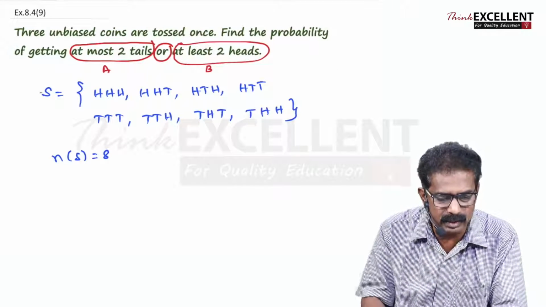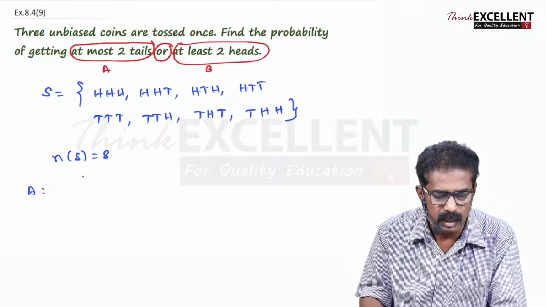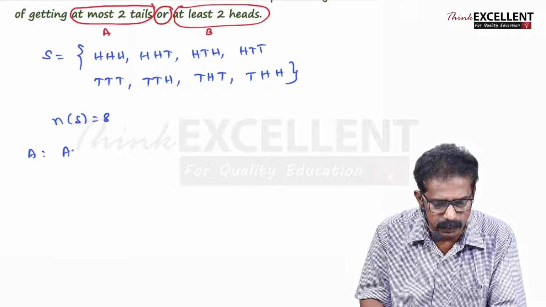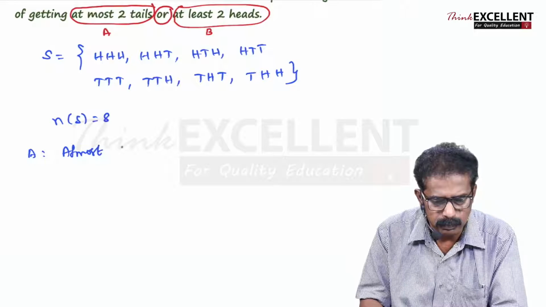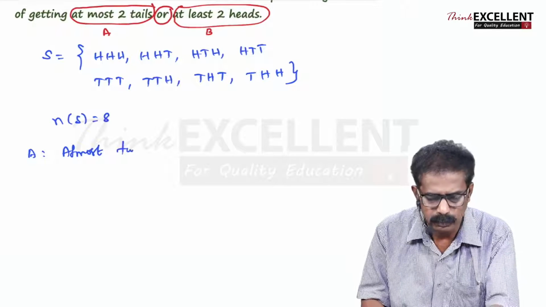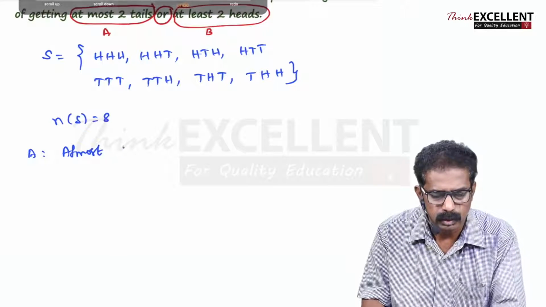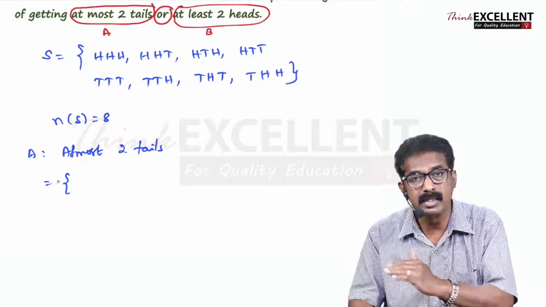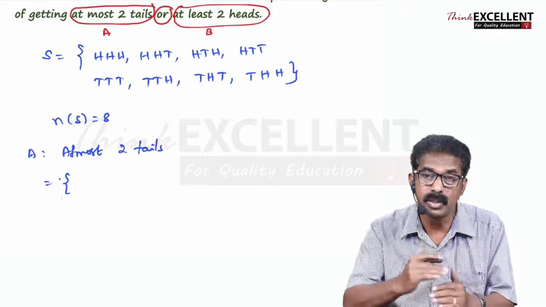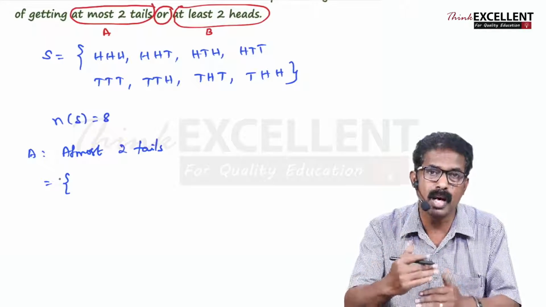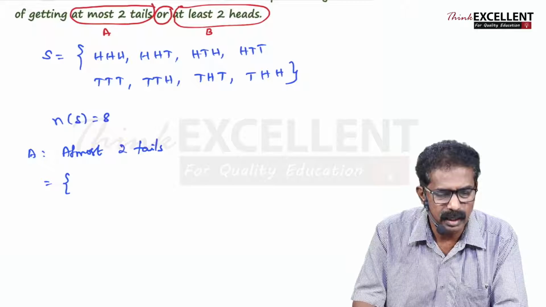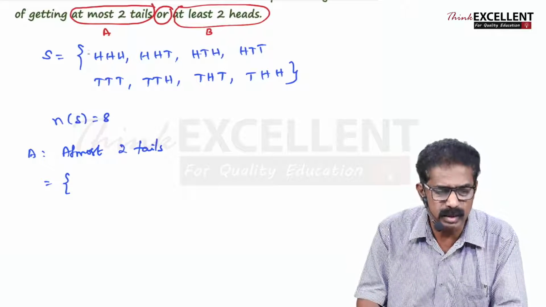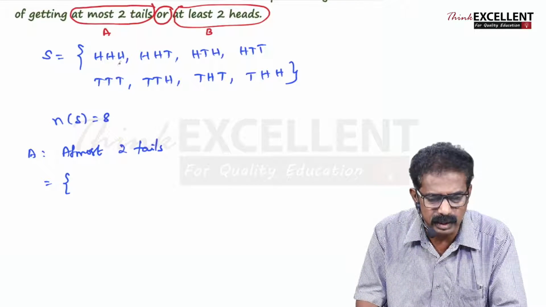So let A stand for at most 2 tails. What's the meaning of at most 2 tails? Maximum 2 tails. It should not exceed 2. So 2 or less: 2 tails or 1 tail or even 0 tails.